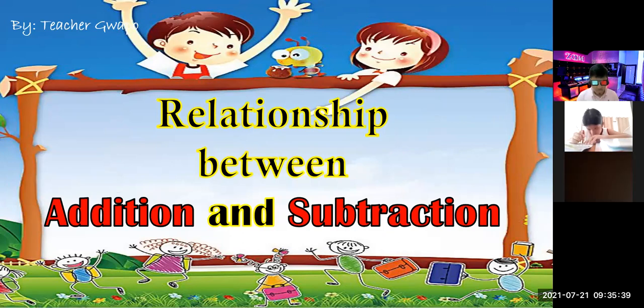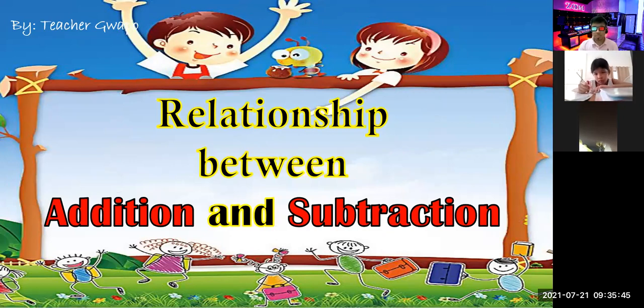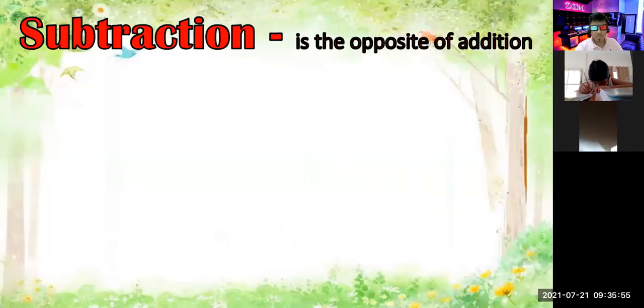And if you have a book, the mathematics textbook, PES or Primary Education Smart Class, kindly open it on page 24 and we will find out the relationship between addition and subtraction. So what is subtraction? Subtraction is the opposite of addition.